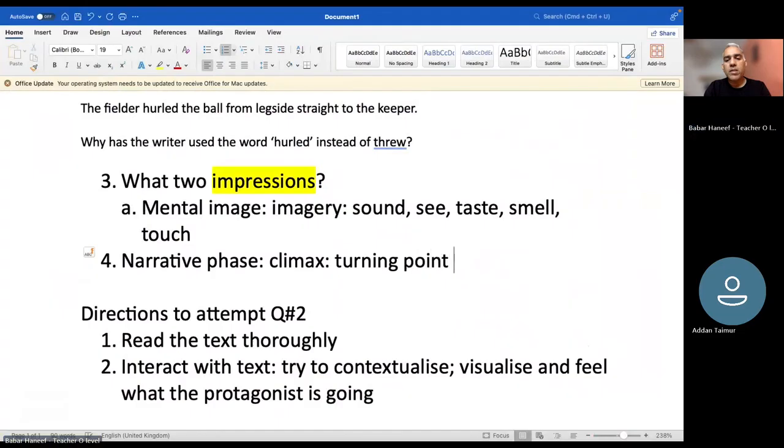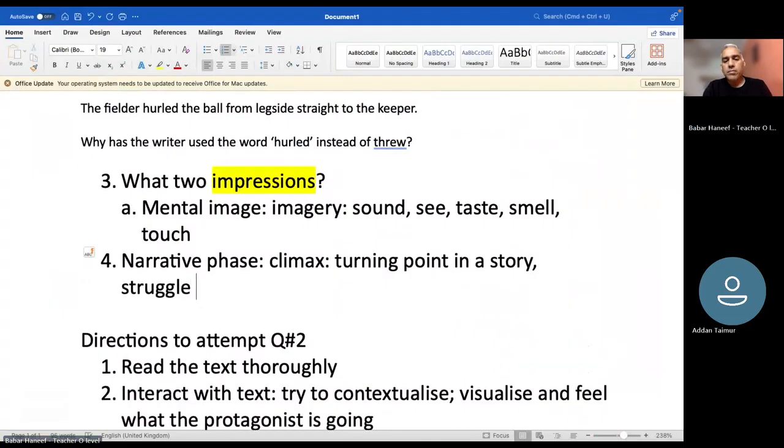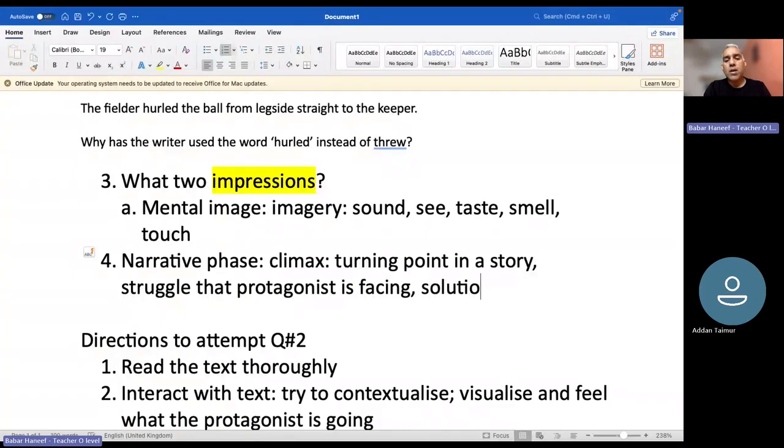There could be a struggle that your protagonist is facing, or maybe a solution that he might have found, or something exciting is about to happen.